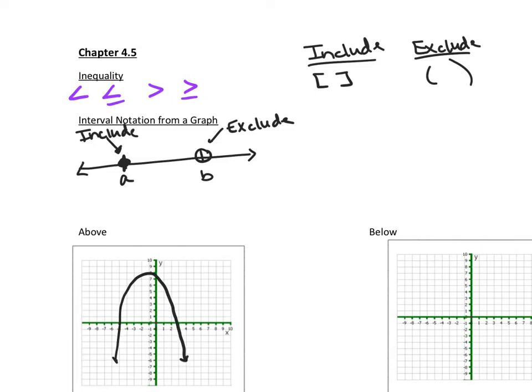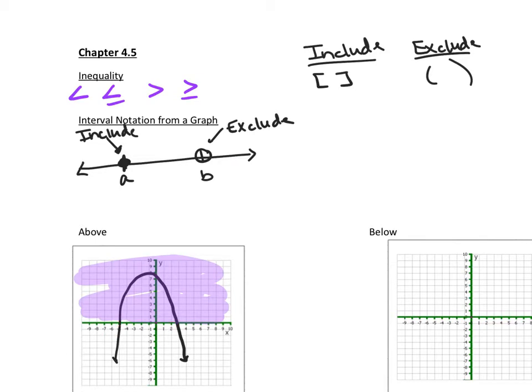And I'm interested in two parts of the graph, when it's above and when it's below. Above means that the graph is above the x-axis, and that would be anything over here. So I'm actually looking at the points where it intercepts the axis to go above. That would occur here, at this point, and here at this point.